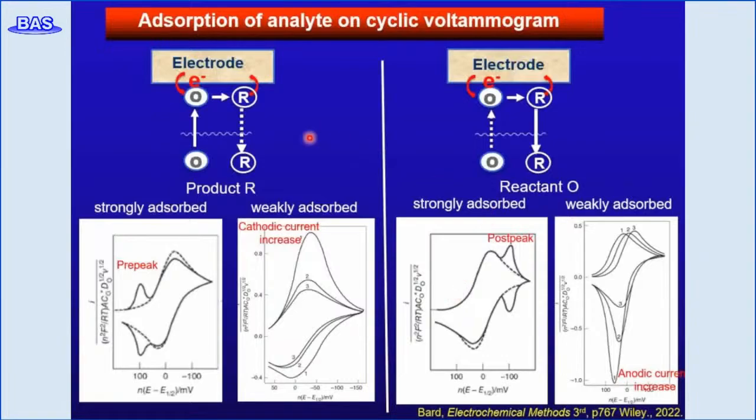If the adsorption is weak, an increase in the cathodic peak current is observed. If the reactant is adsorbed, a positive peak is observed. In the case of weak adsorption, the oxidation peak current increased.